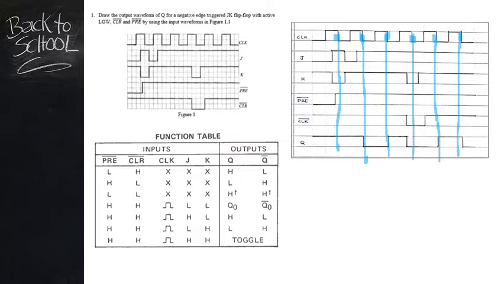Okay, you see this preset is low, so when the preset is low, regardless of JK input, the output will be set.